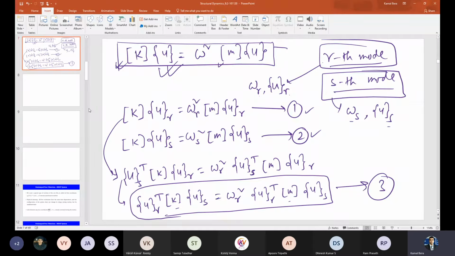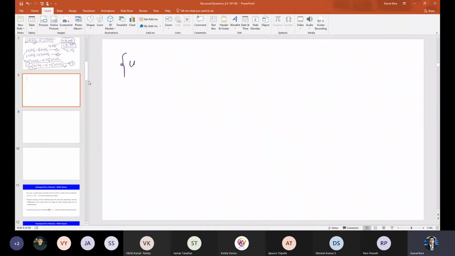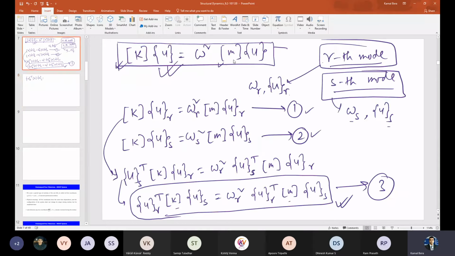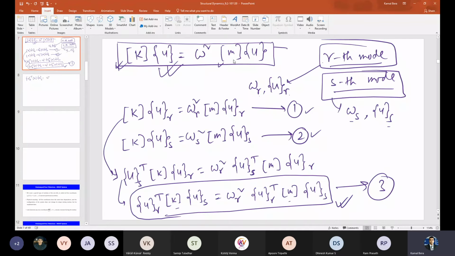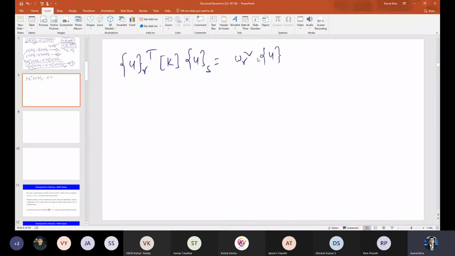So please help me in writing this equation number 3, otherwise I have to go back and forth. UR transpose K US equals omega r square UR transpose M US. So this is my third equation.